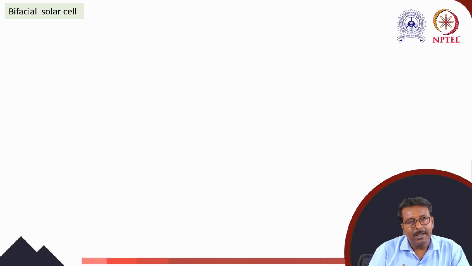In that case, light is incident on both faces. But due to the monofacial structure we have discussed so far, only the light entering through the front surface will be useful. In a bifacial solar cell, if we can have an arrangement where light may be incident from both front and back surfaces, then obviously more and more light will enter the device. This is the concept of the bifacial solar cell.